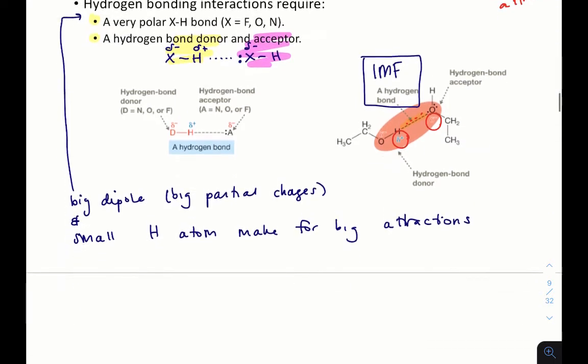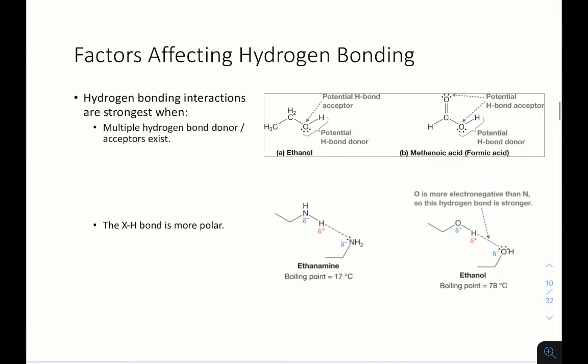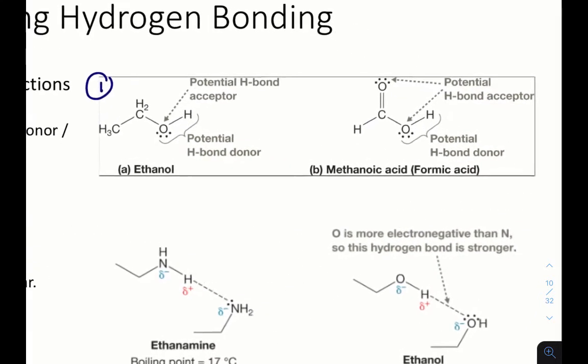In fact, hydrogen bonding interactions are the strongest when multiple hydrogen bond donors and acceptors exist in the same molecule. We could look at example 1 here. Ethanol versus methanoic acid. Ethanol has one site with which it makes hydrogen bonding interactions. However, formic acid, molecule B, has two sites.